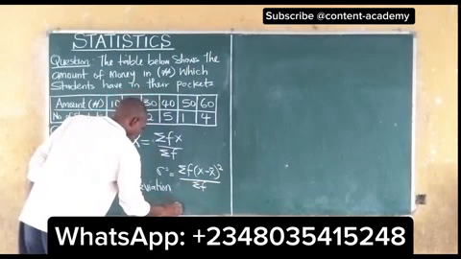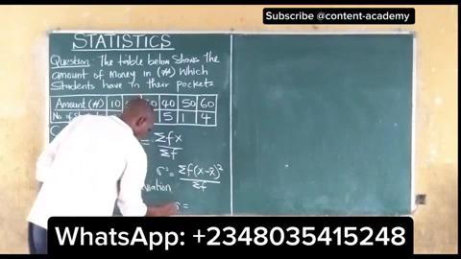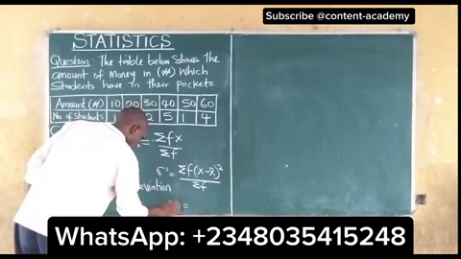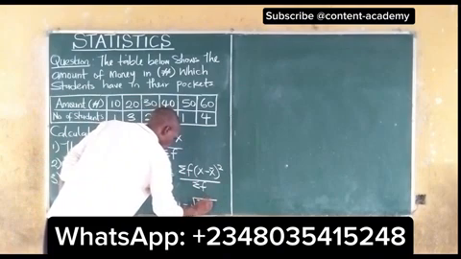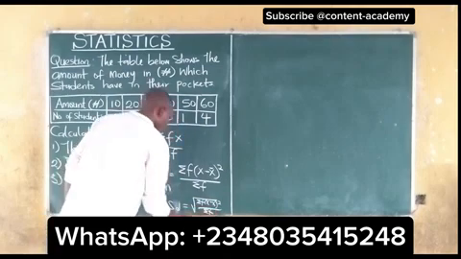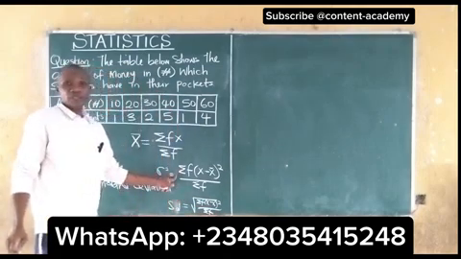And we have our standard deviation, or we'll write it as SD, to be the square root of summation of f of x minus x bar squared all over summation of f. That means the square root of the variance.